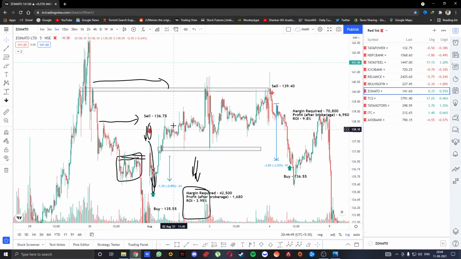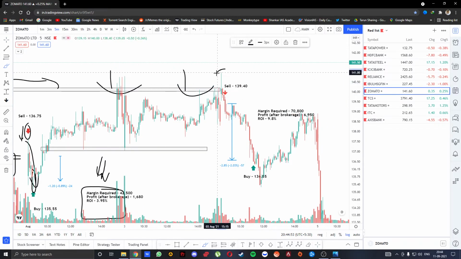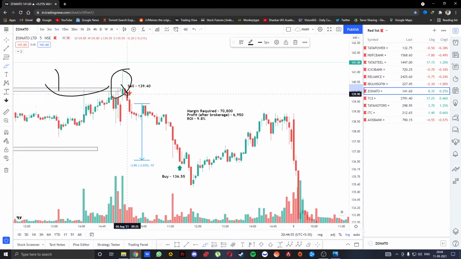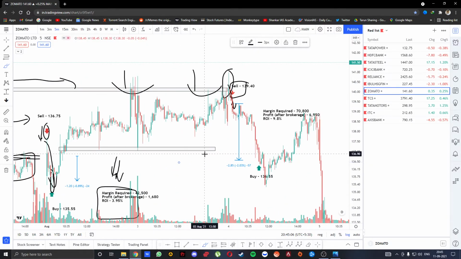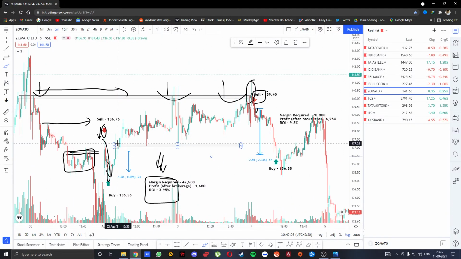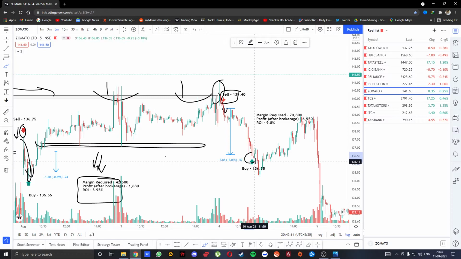Now again, this was the resistance. So I saw this wick and then I started seeing selling pressure. So I entered short right here at 139.40 at 9:31, and then I kept the trade. My target was to exit the trade below these support levels. So I exited my position here.